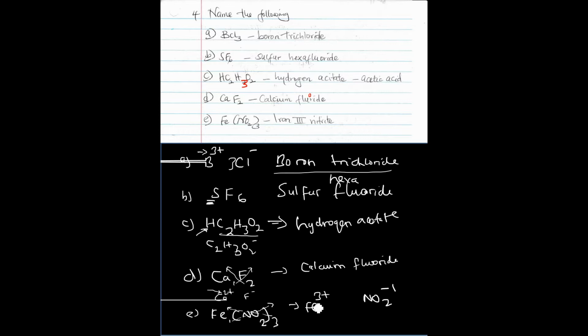Anyway, iron can exist as iron 3 or iron 2. So in this case, you have to specify the Roman numeral oxidation number. So the answer will be iron 3, and then this polyatomic anion is a nitrite, not nitrate. Nitrate is NO3 minus. This is NO2 minus, so it's nitrite. This guy is nitrate.